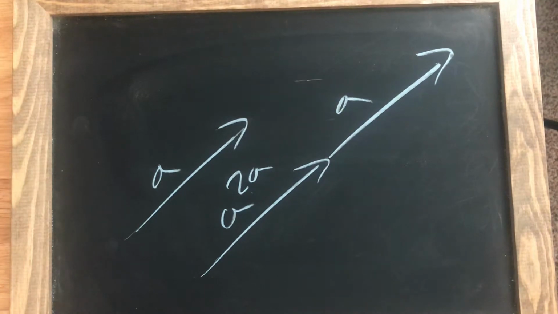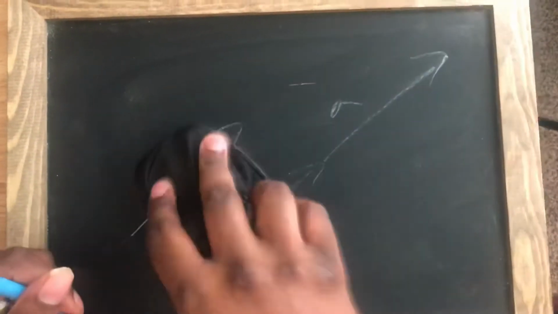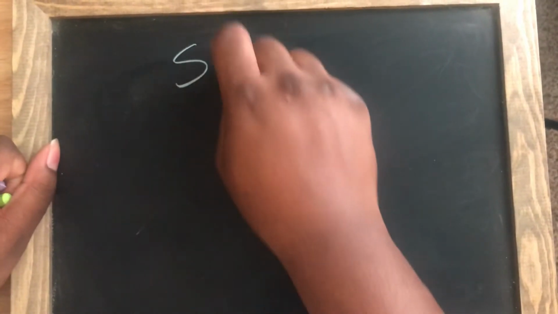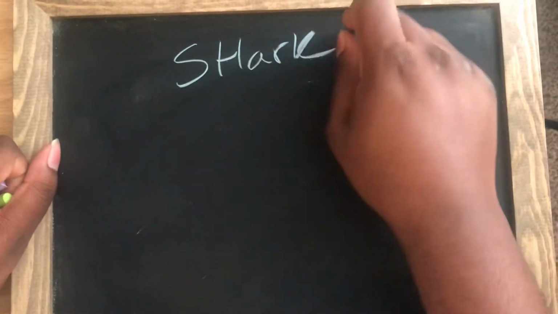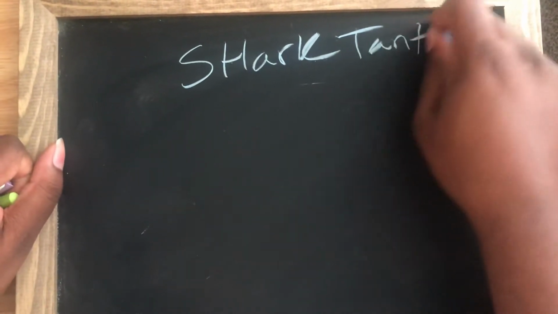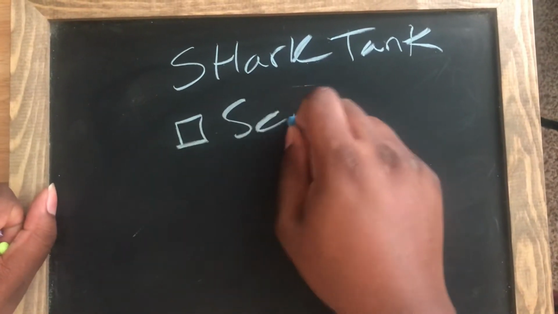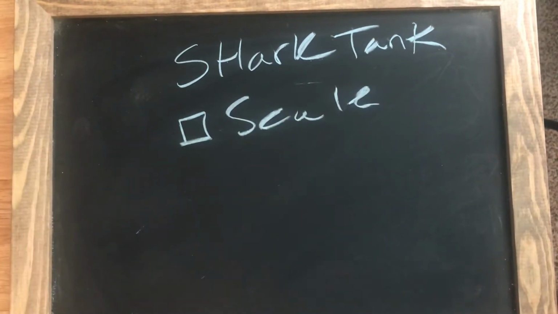I don't know if you all really like to watch Shark Tank. Something that Shark Tank always talks about is getting things to scale. What in the world does that mean?